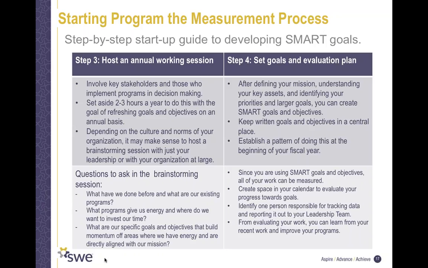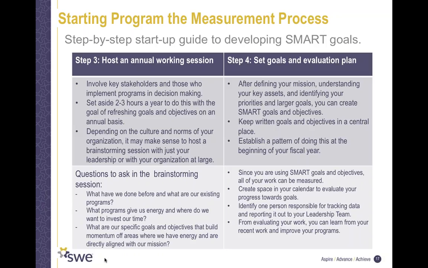Ultimately, this entire system is designed to focus on one outcome for you. That is to be able to fulfill your mission through learning about the success and challenges of your goals and objectives. To that end, create space in your calendar, whether it's once a quarter or once a year, to look at the goals and objectives that you and your leadership team developed and identify how successful you were in reaching those objectives.